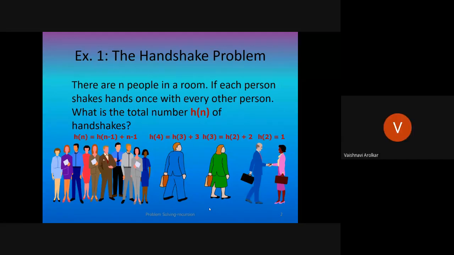Yes, ma'am. So what we have done is we have expressed this handshake problem, h of n, in terms of itself, right? We are saying it is h of n minus 1. We are expressing this handshake problem in terms of a smaller version of itself, because n minus 1 is definitely a smaller number than n.